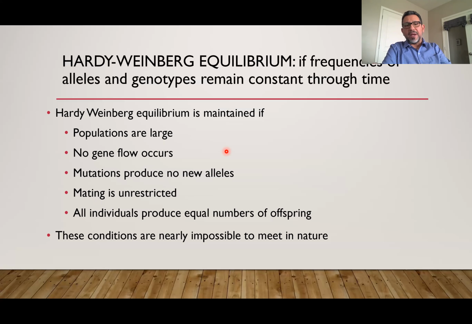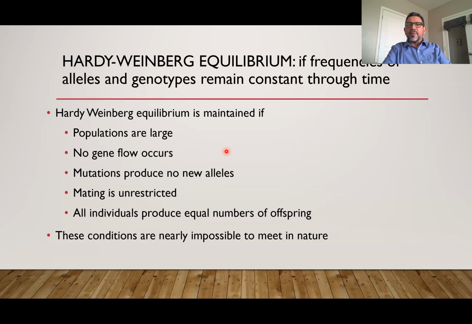And even though I wrote here on my slide, they are near these conditions, all 5 of them together are nearly impossible to meet. I'm not going to dare to say they are just impossible to meet, all 5 of them. If one of the 5 is not met, the consequence is going to be change, microevolutionary change, and Hardy-Weinberg equilibrium will not be maintained, will not exist. And so why do we have this idea of Hardy-Weinberg equilibrium conditions if nothing can meet them in nature?